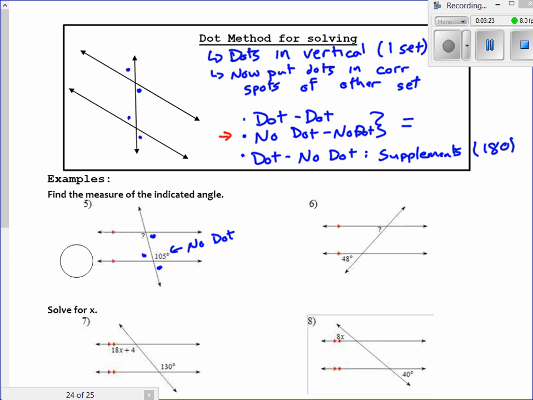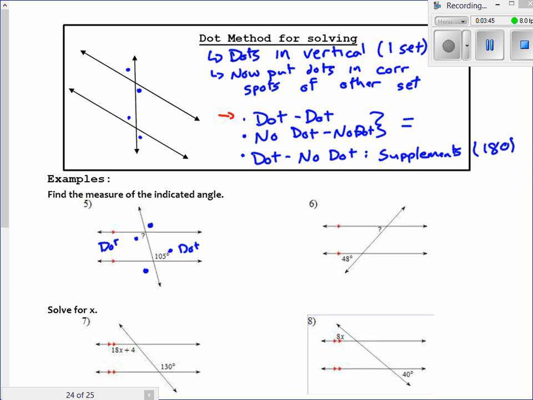Now, what if I were to switch it and I did my dots the other way? What if I started with dots in that set of vertical angles? Well, match the same angles in the bottom set. Now all of a sudden I went dot to dot. And dot to dot this time, right? That's the same thing. Dot to dot.